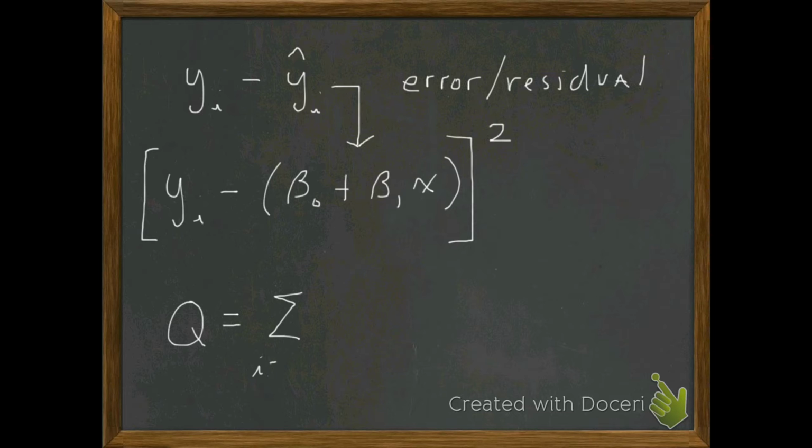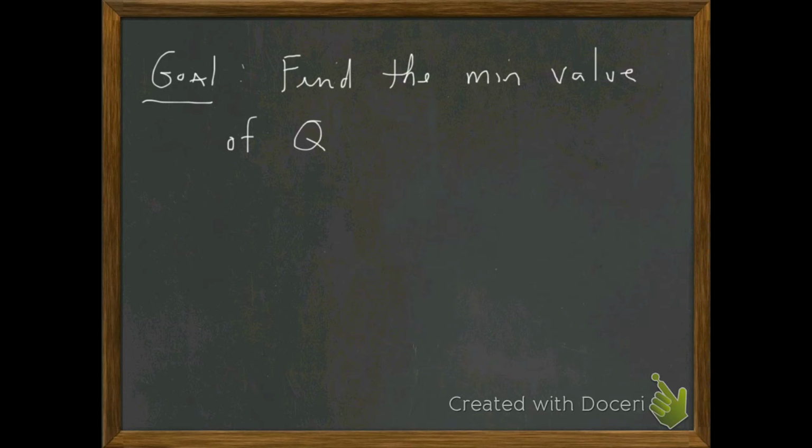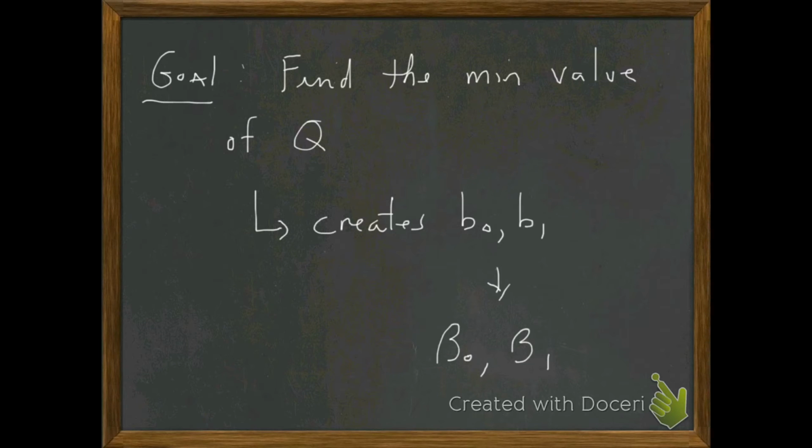So we're going to sum from i equal 1 to n our y sub i's minus the predicted values, with the goal to find the minimum value of q, which creates B0, B1, which are estimates of beta 0, beta 1.